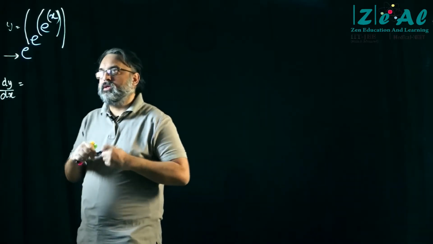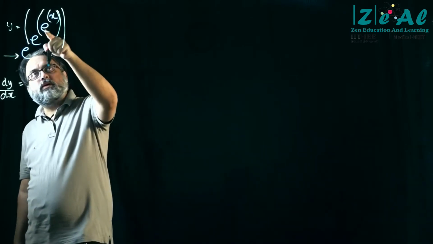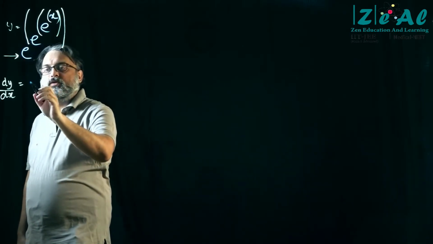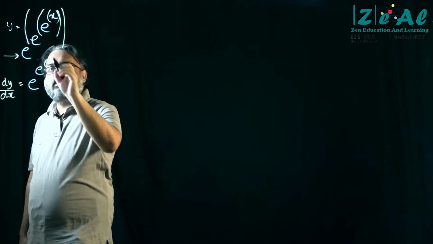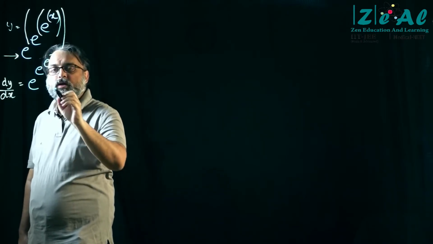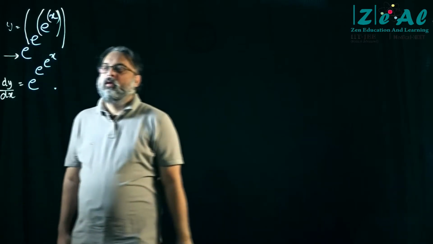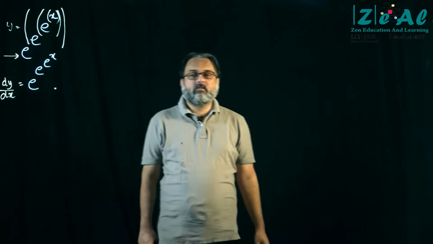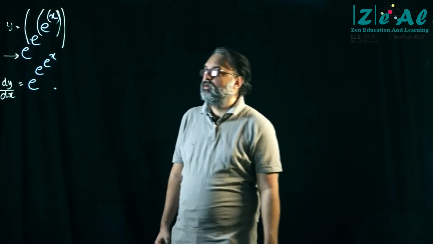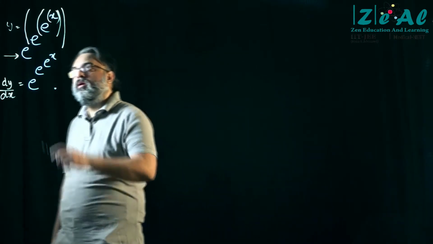And that something we know is e raised to the power x. So the answer is e raised to the power x multiplied by the differentiation of whatever was in the brackets. So bracket में क्या था भाई?